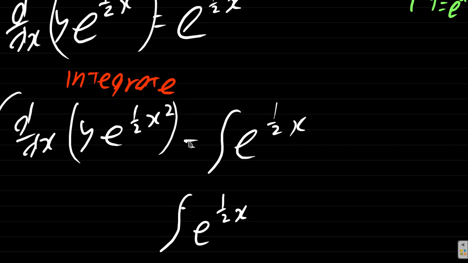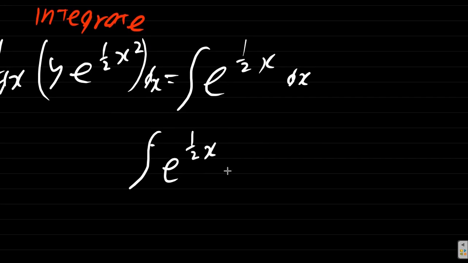Some things are variables, some things are constant here. What's the variable here? It's x, so I have dx. All right? So it's e to the half x dx. Let's use integration by substitution and see what we get.